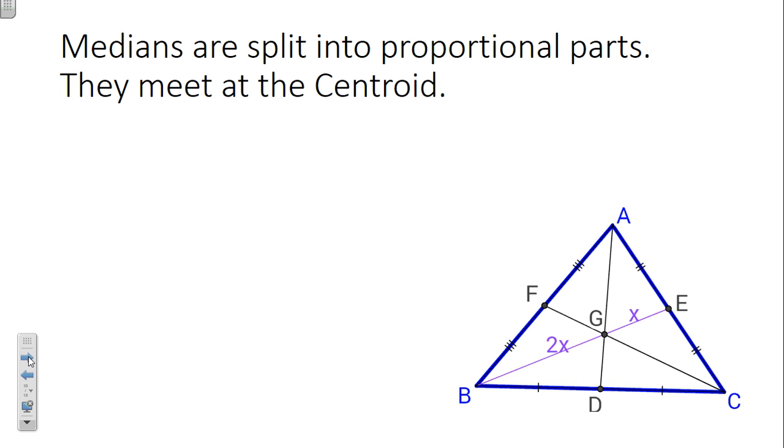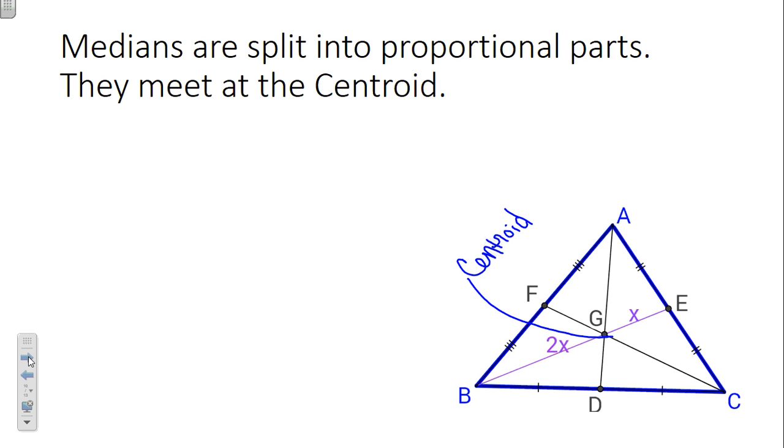Remember the medians? Those medians went from the vertex to the midpoint of the opposite side. They form a point as well, and that point is called the centroid. It sounds like a Star Wars thing. Centroid goes with medians.